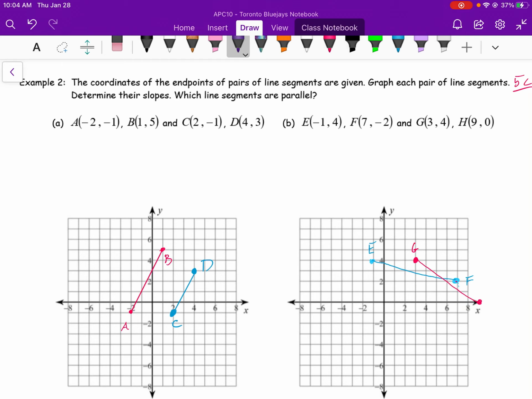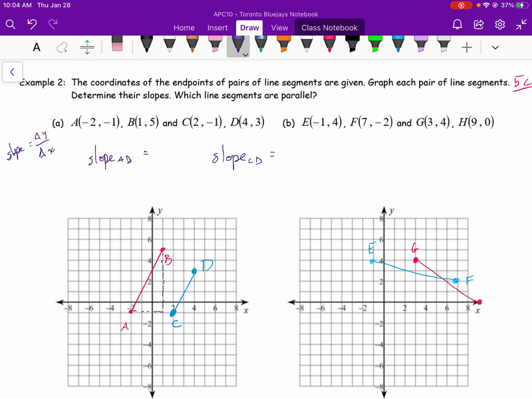So for whatever reason, I'm just going to say the slope of AB. I'm going to calculate the slope of AB, and then I'm going to calculate the slope of CD. And I'm going to draw my little triangles. Remember that slope is the change of y over the change of x. I'm going to draw my triangle here for AB.